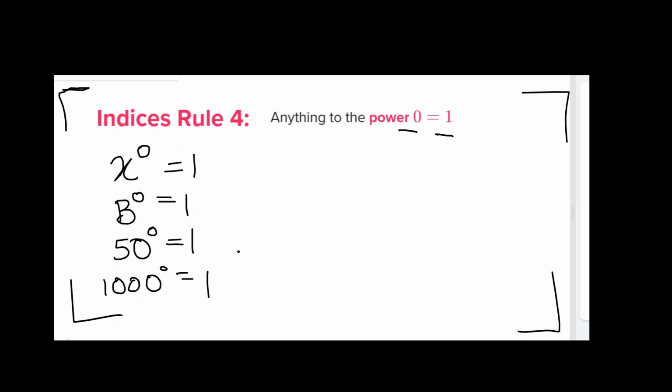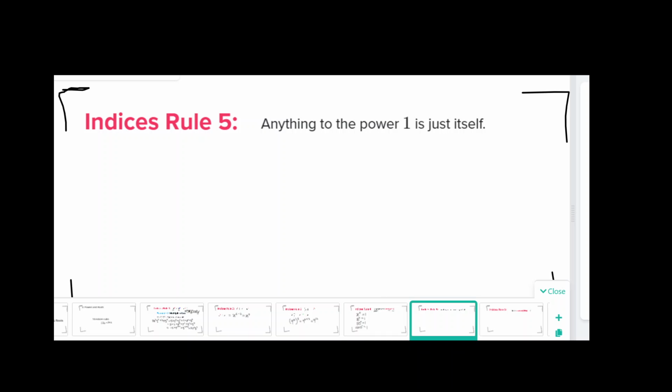So basically any number at all, any letter at all, anything. Remember the word anything, so power of 0 is 1. So anything.